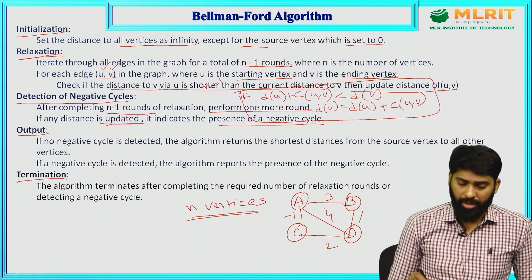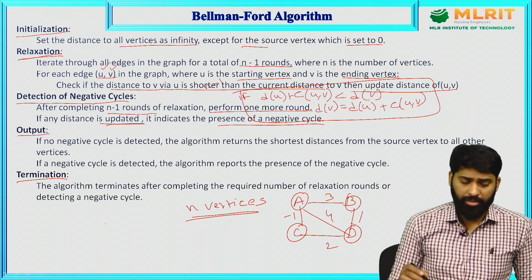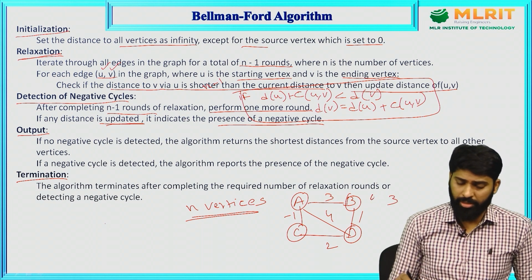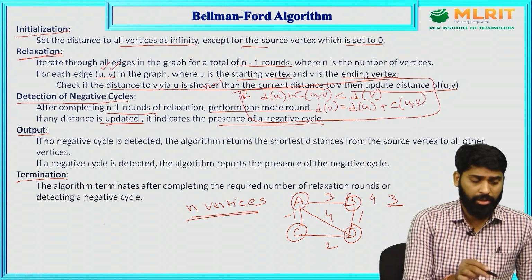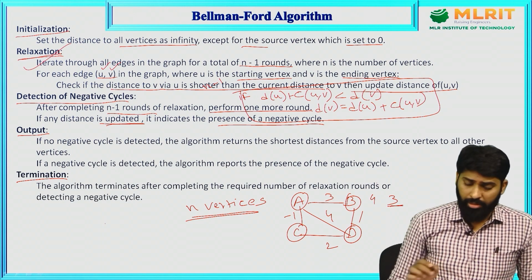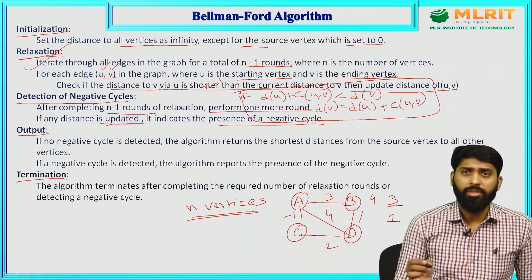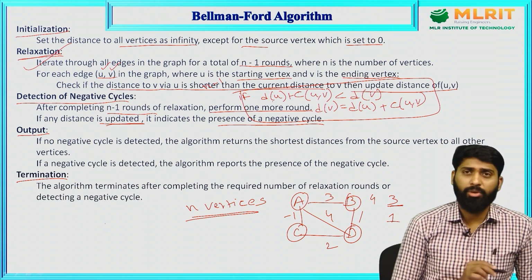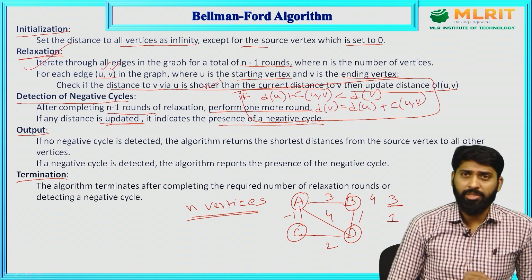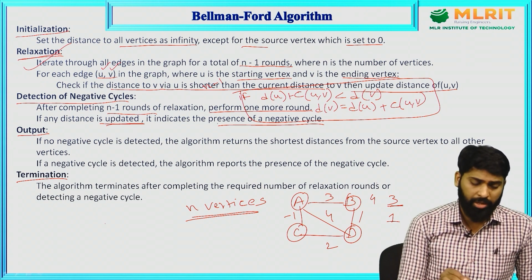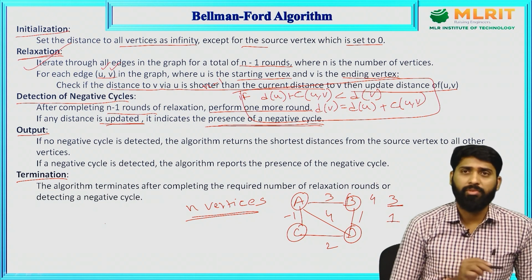In the relaxation phase, we iterate 3 times. Why? There are 4 vertices, so 4 minus 1, 3 times we are going to execute the relaxation phase. After completion of 3 times, one more time we execute the same instructions and find the distance again. But if any distance is changed, then we assume that there is a negative cycle in the graph. We will discuss this with one example.